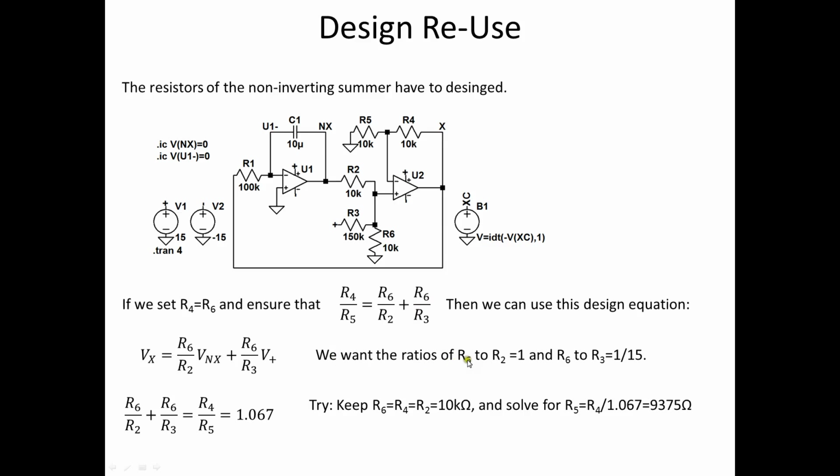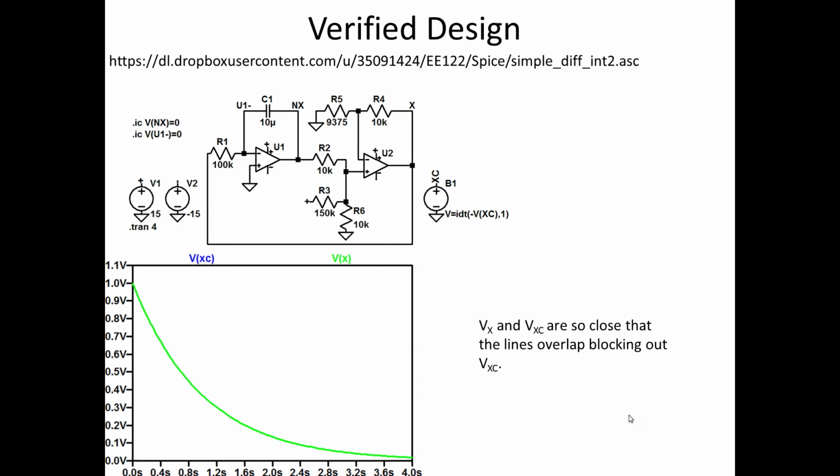So I want a ratio of R6 to R2 equal to 1, and R6 to R3 equal to 1 to 15. So if I keep the R6, 4, and 2 equal to 10 kilo ohms and solve for R5, I get 9,375 ohms, which of course you'd have to round to a real value in the kit. When I simulate, it matches pretty well.